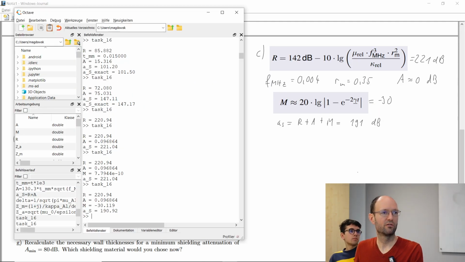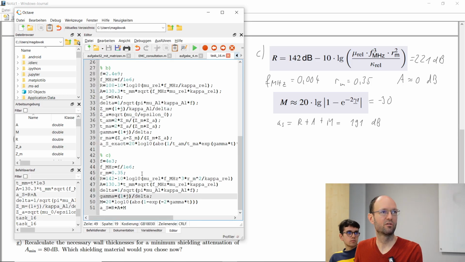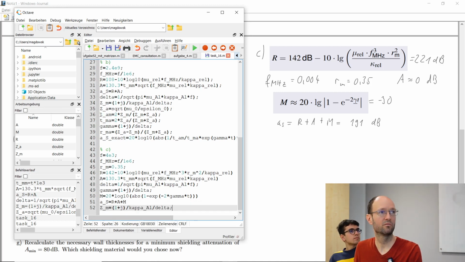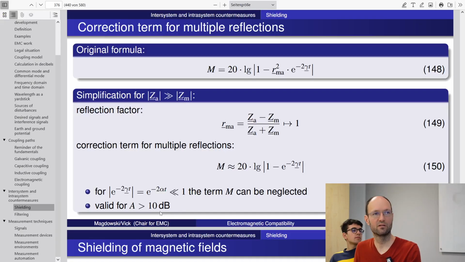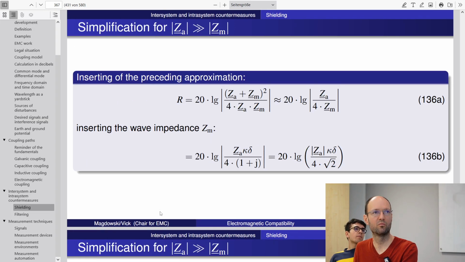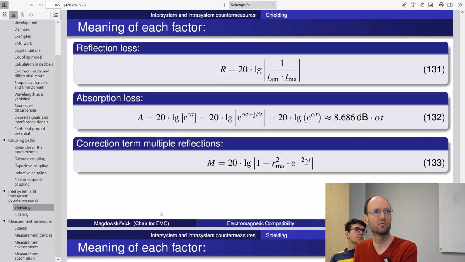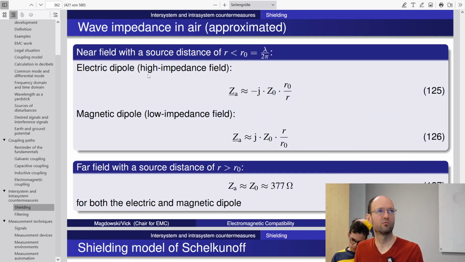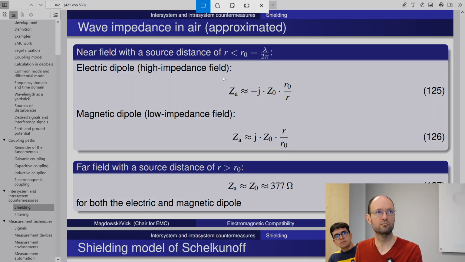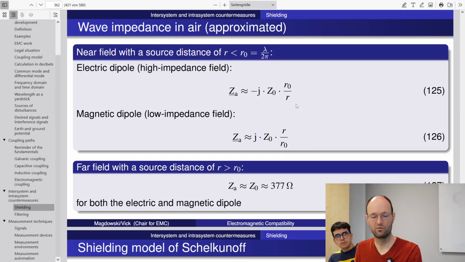Okay, and we could check if our exact formula also gives us this result. So we need to recalculate wave impedance in metal, and we need to have a new formula for the wave impedance in air. And so for wave impedance in air, now we need to take this formula for the near field, which was given somewhere here. So we have the high impedance field of the electric dipole. Right, maybe I will copy this.